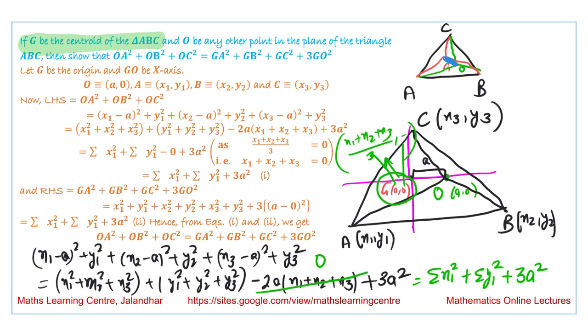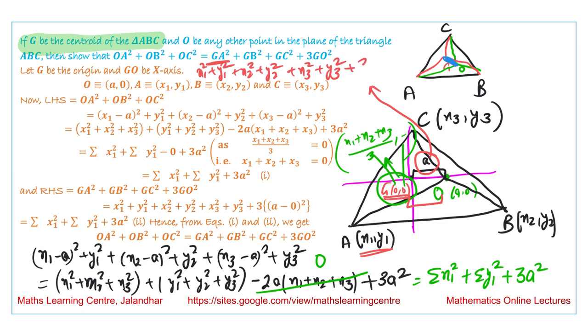Now if we calculate the value of this side, it is GA square. So G is the origin, and this point is (x1, y1). So the answer we will get for this is x1 square plus y1 square, plus x2 square plus y2 square, plus x3 square plus y3 square, and the last term we will get is GO, the length GO we have is a.